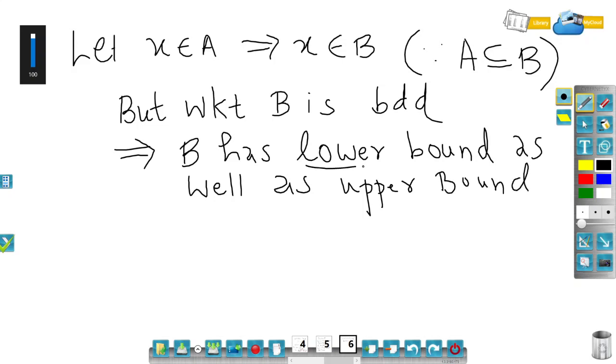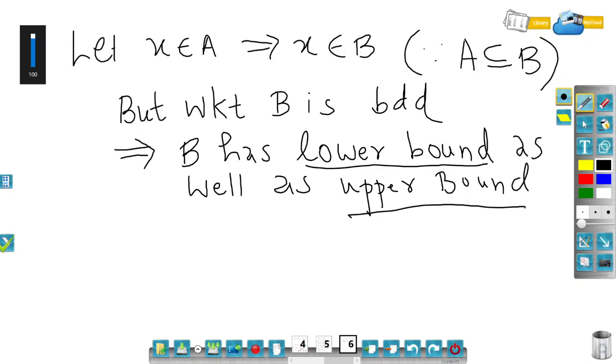So we know that infimum is one of the lower bounds and supremum is one of the upper bounds, because of how we defined infimum and supremum. Infimum is always a lower bound and supremum is always an upper bound. Moreover, they have a special property. If it is infimum, then among all the lower bounds, it is the greatest lower bound.